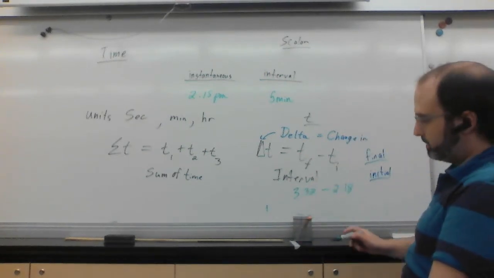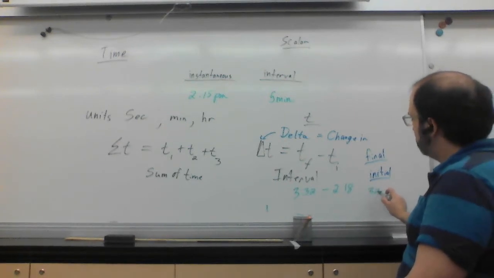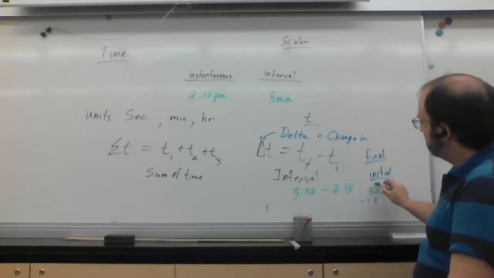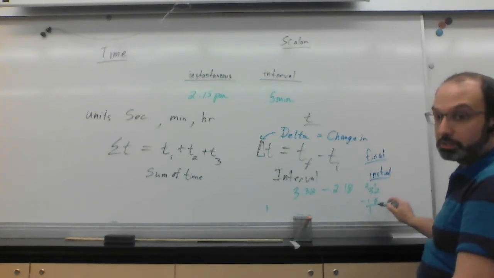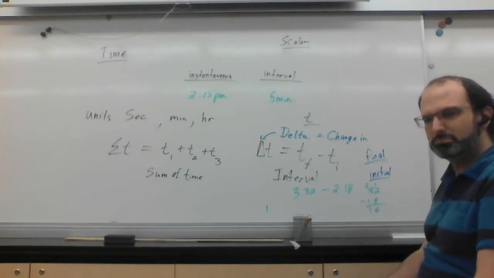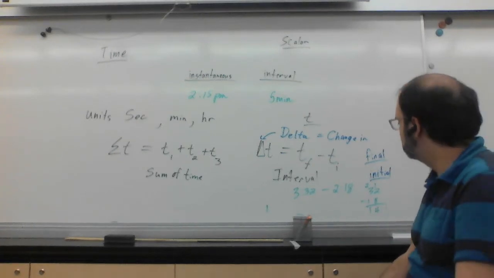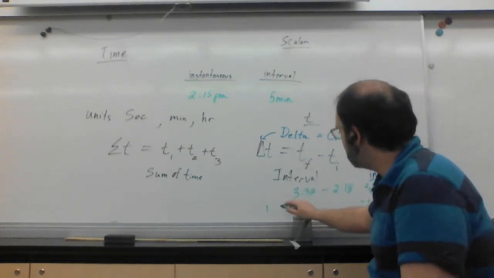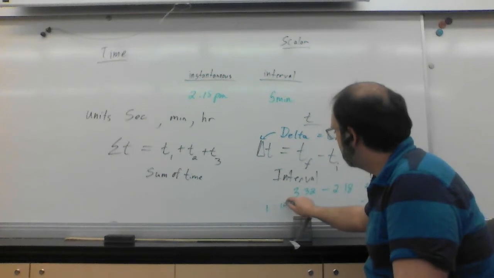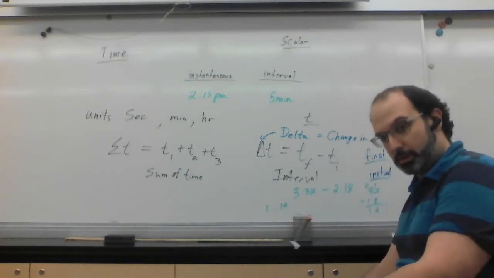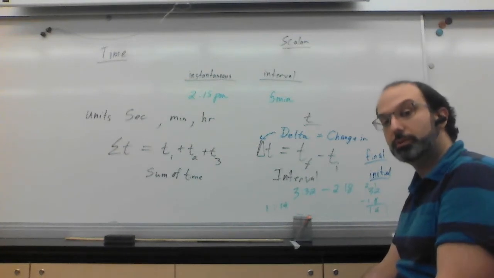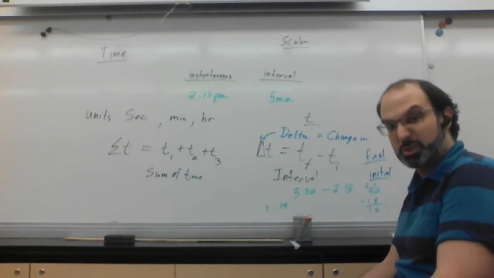Again with the Mr. C, not good at mental math. But let's see. 32, 18. Bring 1 over to 2. This is going to be 1. 8 to 12, 4. Is that about right? So that means it's going to be 1 hour and 14 minutes. That's how long class is, apparently.